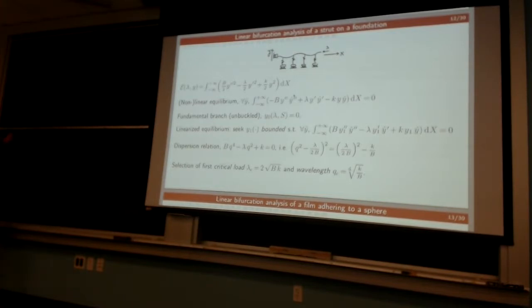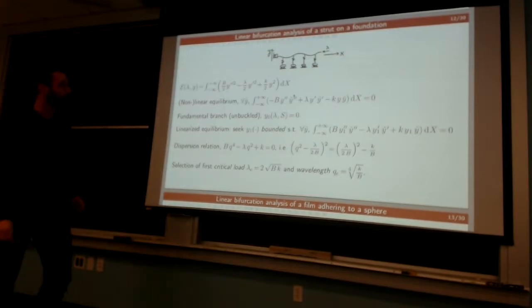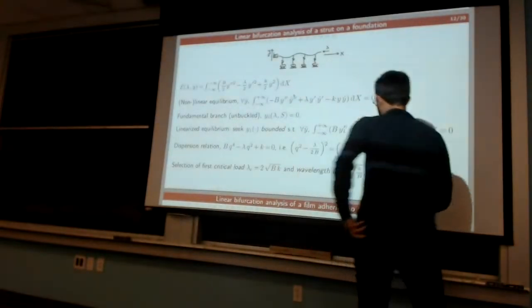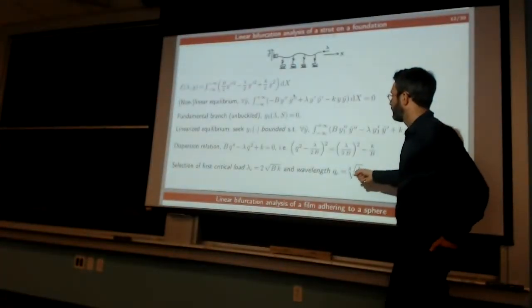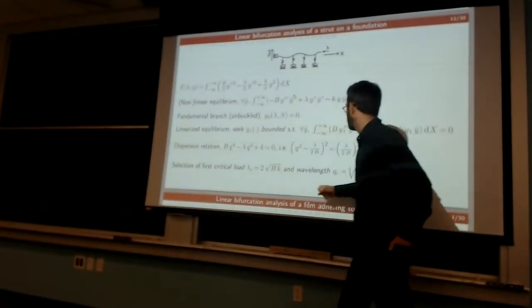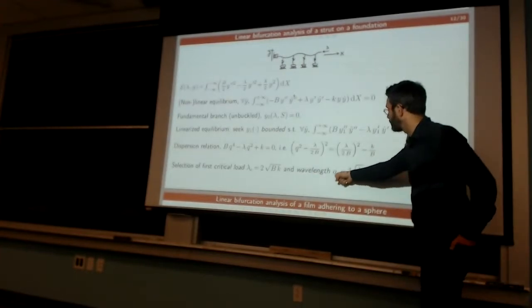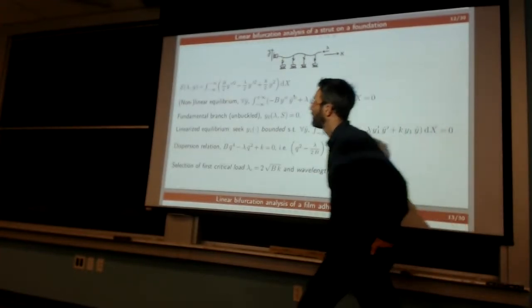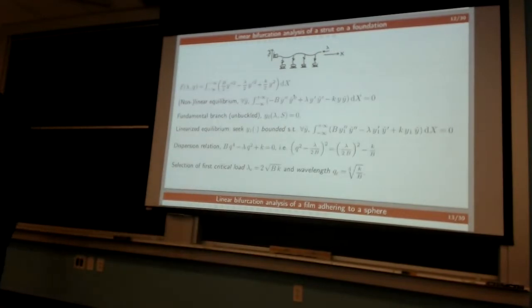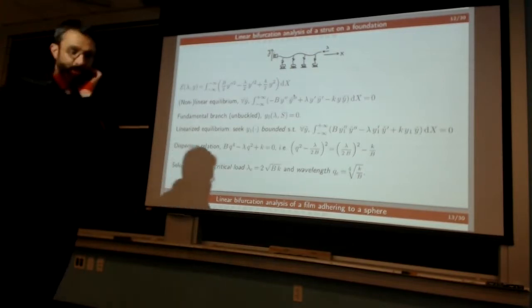But the first one corresponds to a particular value; the first load is given in terms of the system parameters, and there's a special wavelength also which is given. So all this region would be unstable, and when you increase the load, you see that the system first picks a mode that has a specific wavelength.